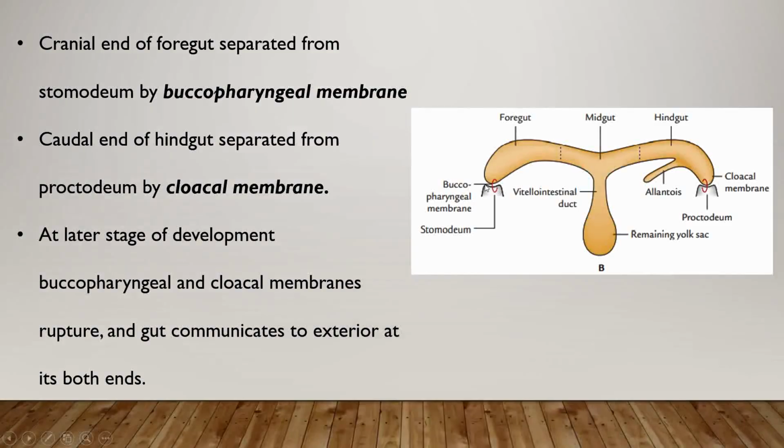The cranial end we have told already. Here is the buccopharyngeal membrane, which is separating the cranial end of the foregut from the stomodeum, and the cloacal membrane is separating the distal end of the hindgut from the proctodeum. At a later stage of development, the buccopharyngeal and cloacal membranes will rupture, and the gut will communicate to the exterior at both ends.